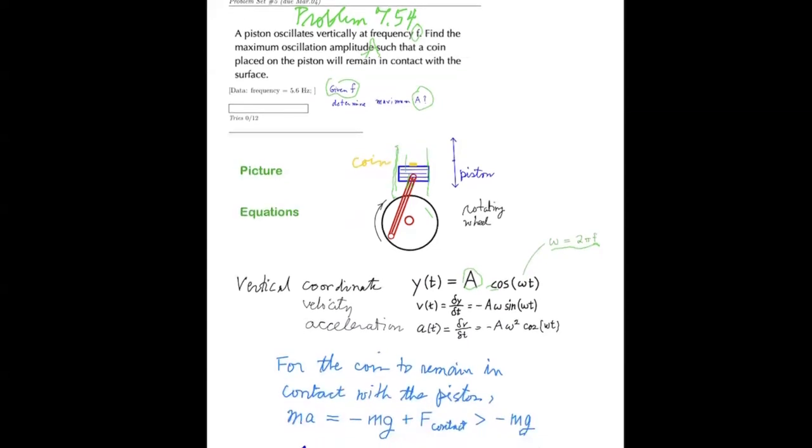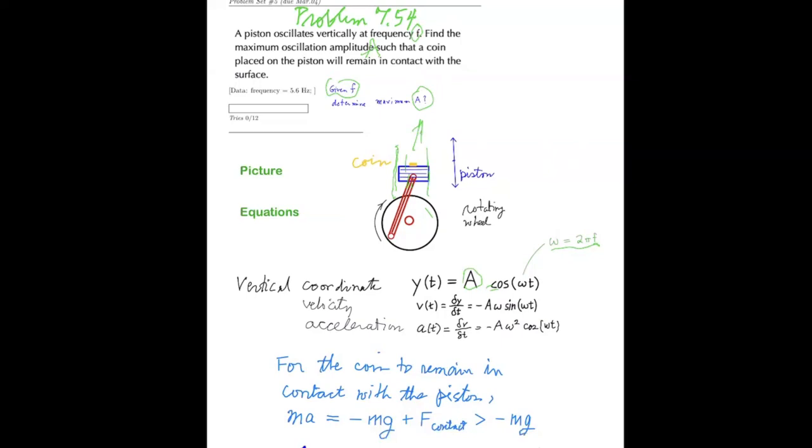Now, the criterion for the coin to remain in contact with the piston is that there must be a contact force between the coin and the piston. If this is oscillating at some speed with a large amplitude, the coin may fly off the top and no longer be in contact with the piston.